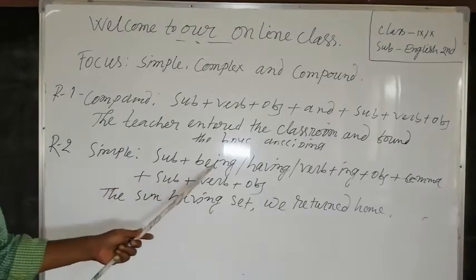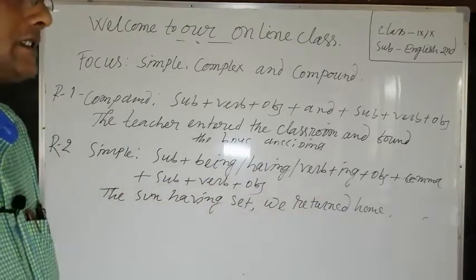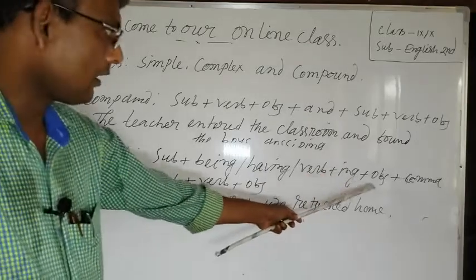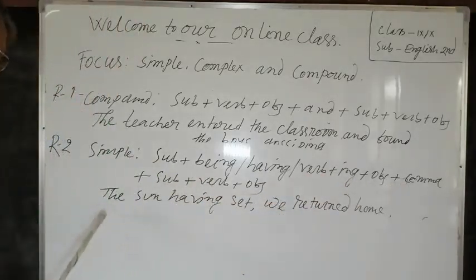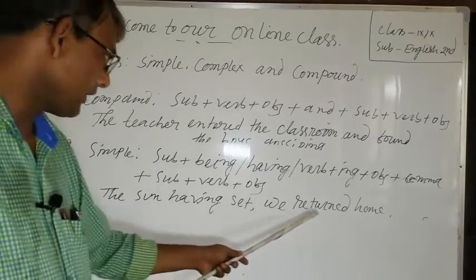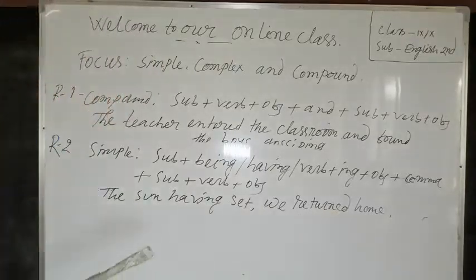Rule 2: subject being, having, verb plus ing, object, comma, subject, verb, object. Example: the sun having set, we returned home.